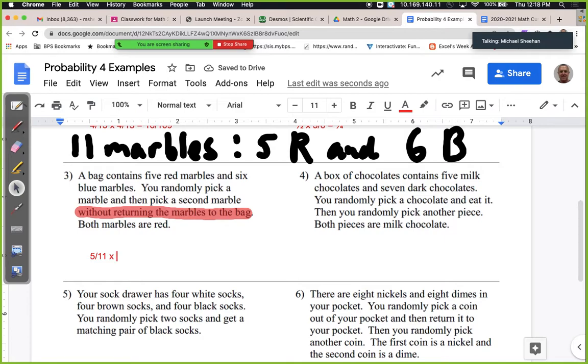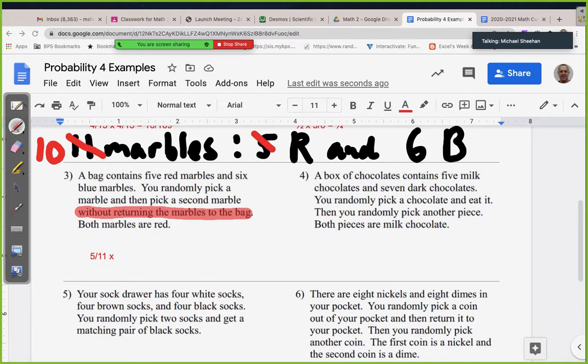And let's say I did get a red the first time, but I didn't put it back. So now I've only got 10 marbles in the bag, and I took a red out, so now there's only 4 red marbles left. So what's my probability of getting a red marble on my second pick? 4/10. 4 out of 10, that's right.